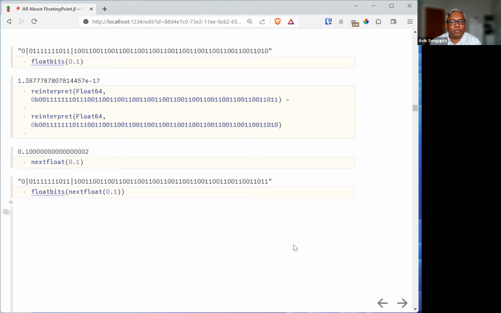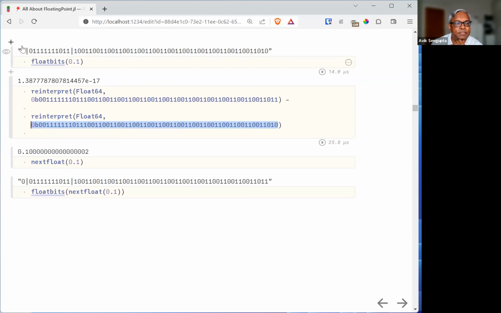So we can do some working to figure out what this is. Let's say float bits of 0.1 is what we saw before. Let's take that representation of 0.1, and then let's take the representation of 0.1, which is this.